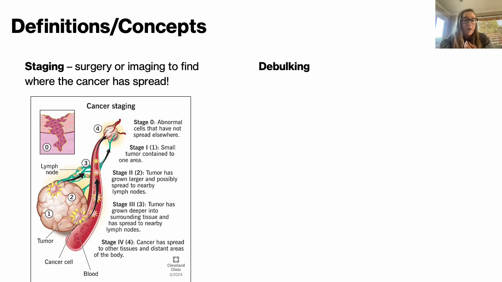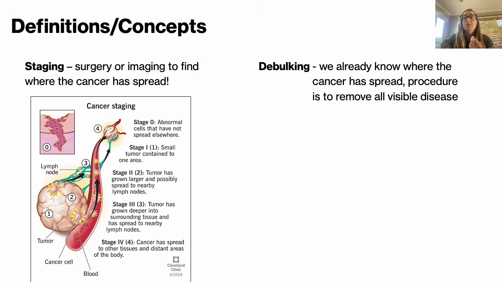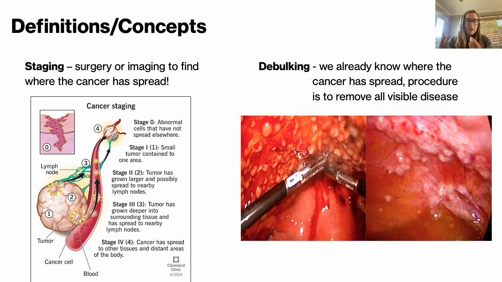And the more accurate the mapping, the better we can treat and predict outcomes. That's opposed to a debulking, where we already know the cancer has spread. Either we can see it on imaging or we look at it with our eyes, like in this picture. And debulking is removing all visible disease. So we oftentimes will say, this is a staging surgery, or this is a debulking surgery. And that's exactly what these mean. Completely different concepts.